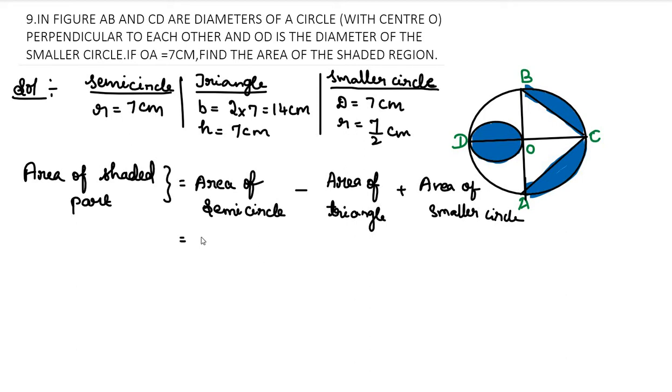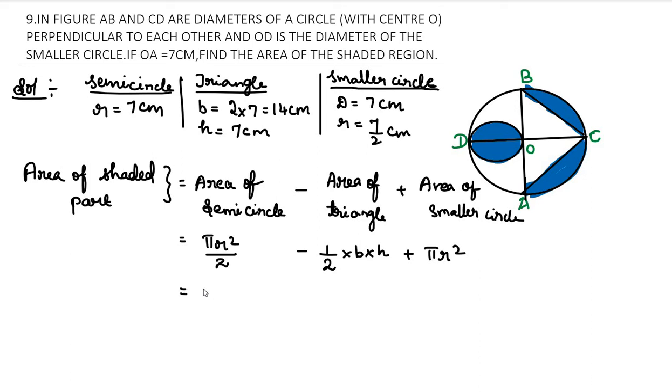What is the formula for area of a semicircle? Pi r square by 2 centimeter square, minus area of a triangle is half into base into height, plus area of a smaller circle is pi r square. Now I am going to apply all.